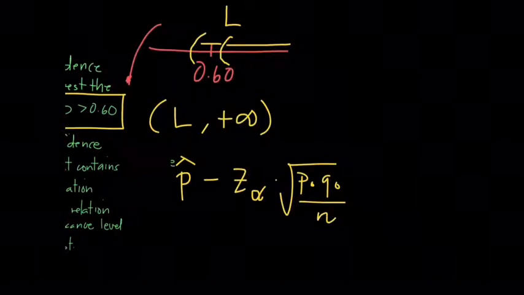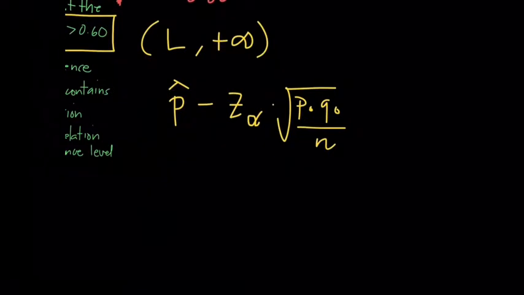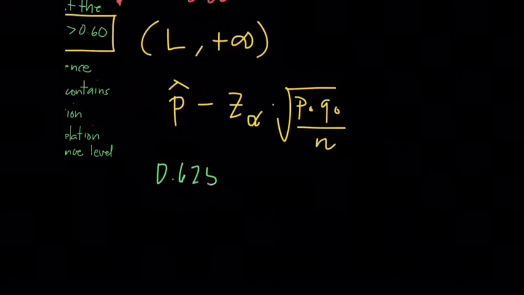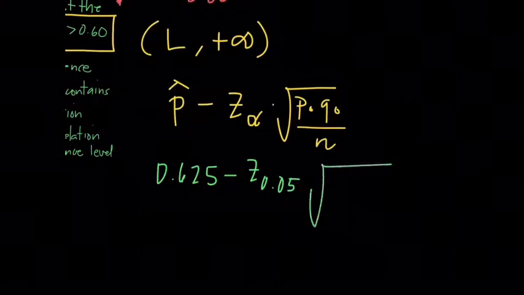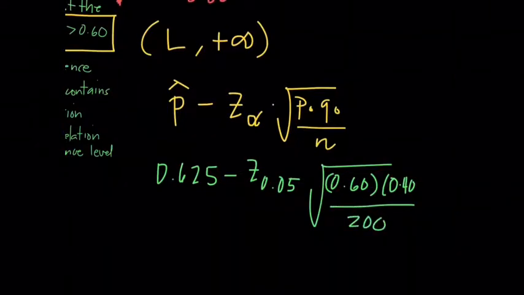So using the values that we have, the p hat, the sample proportion, is 0.625. The z of alpha is the z of 0.05, and then the square root of p sub 0, the hypothesized proportion, which is 0.60, times q sub 0, which is 0.40, divided by the sample size n, which is 200.